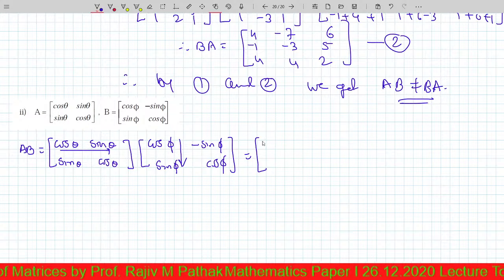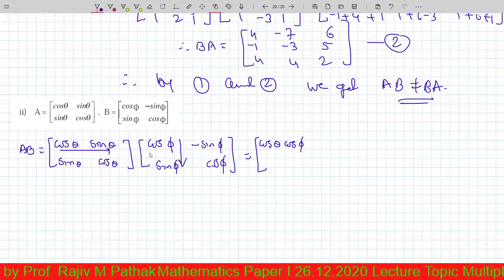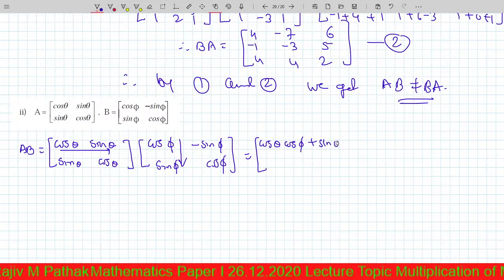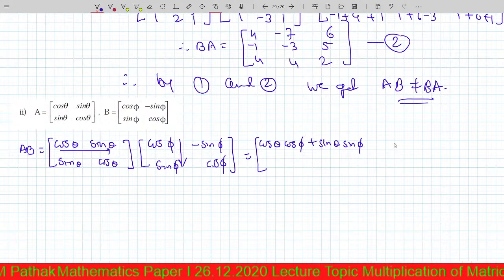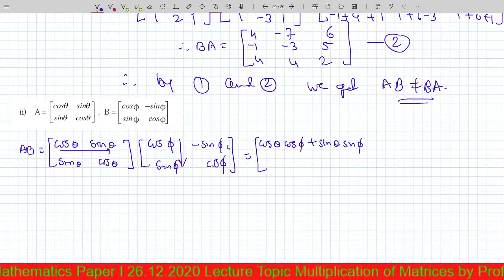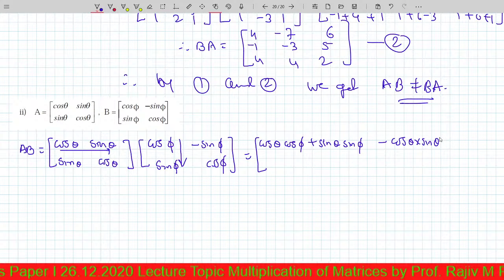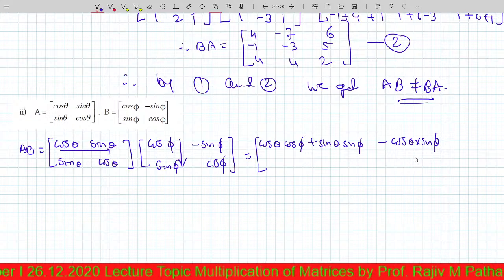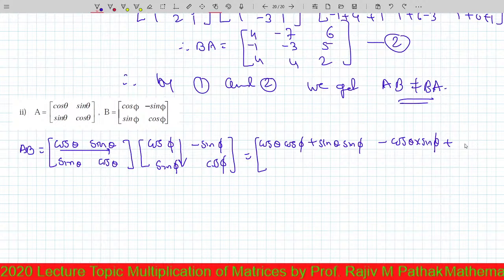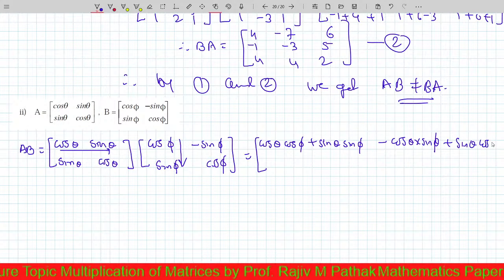So cos theta into cos phi plus sin theta into sin phi, corresponding element, please remember. Then give space because there is a column in the second matrix. Then first row with second column, cos theta into minus sin phi, so that is minus cos theta into sin phi. Then second element is sin theta and here it is cos phi, sin theta into cos phi.